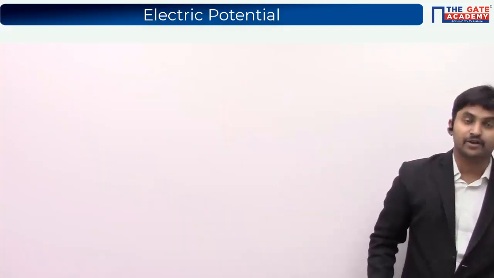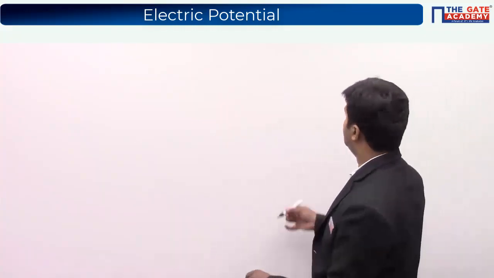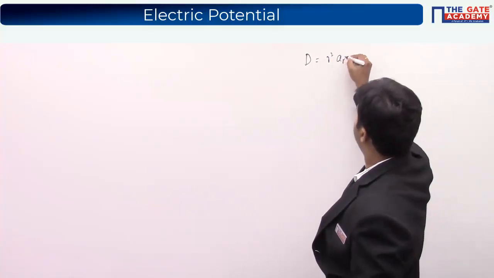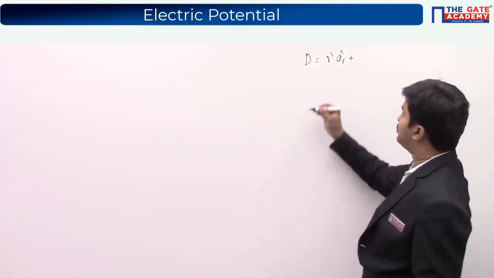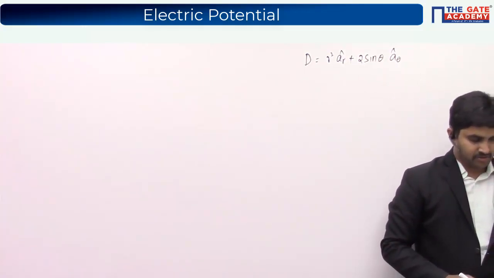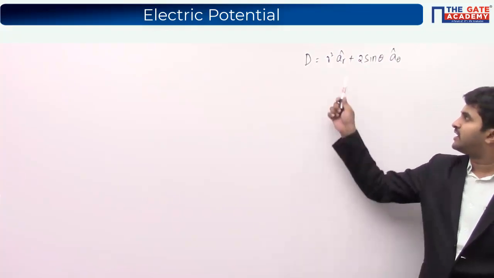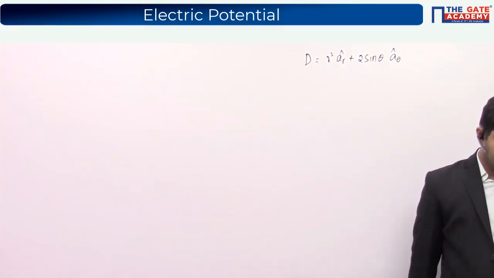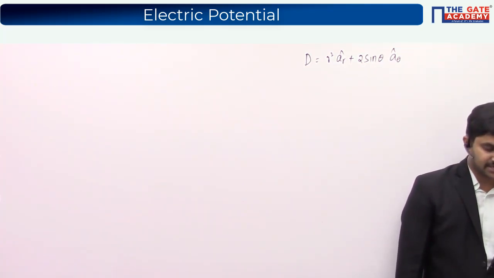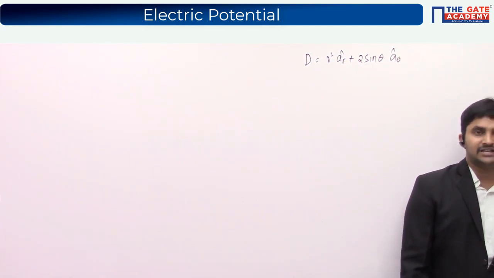Given that, please write down the next question. Given that the flux density D is equal to R square in the radial direction plus 2 sin theta in the theta direction, in spherical coordinate system, where capital D is the electric flux density.